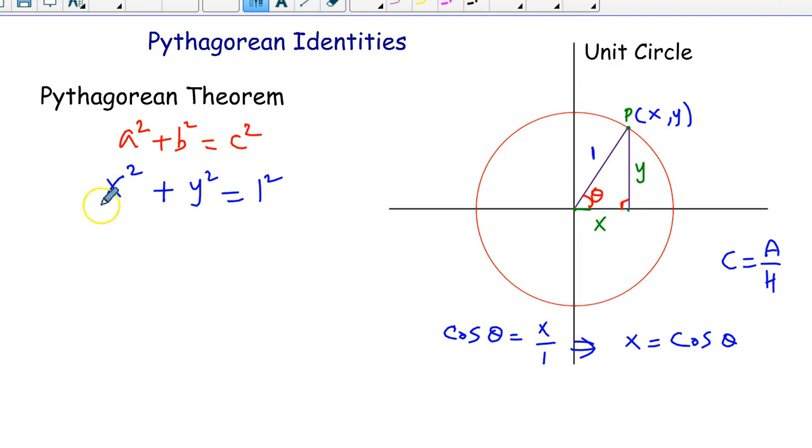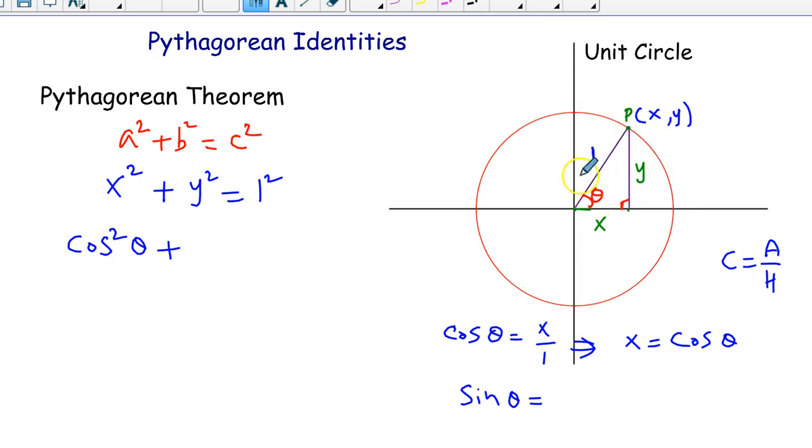Instead of x square, now what can I write? Cosine square theta plus y. Similarly, this value of y is going to be how? Sine theta is equal to, for this angle, what is my opposite side?